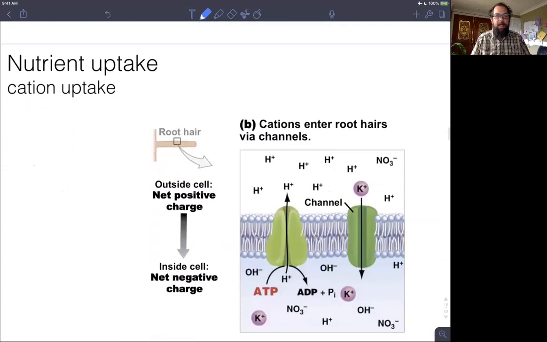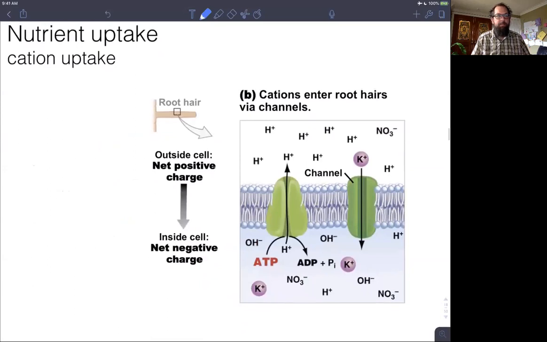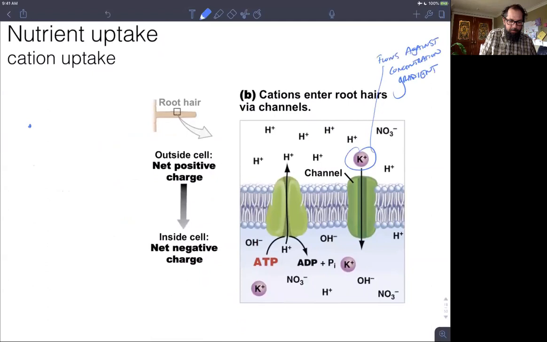And so if we look at cation uptake, we've got the example of this potassium ion here. So there's our cation, that potassium ion, and this needs to flow against its concentration gradient. And so in order for that to happen, the cations are taken up through channel proteins.